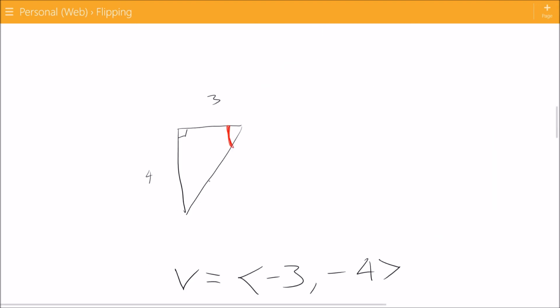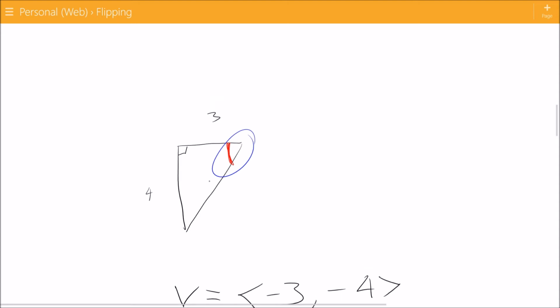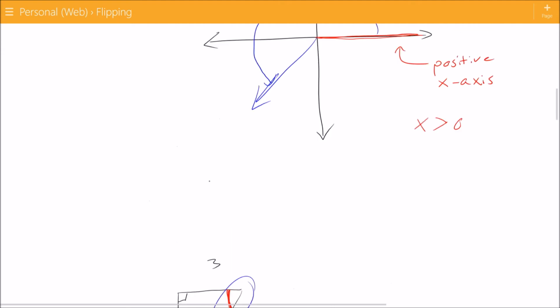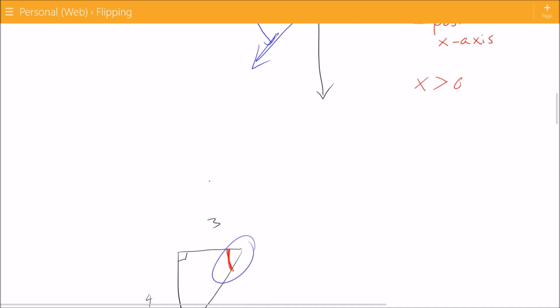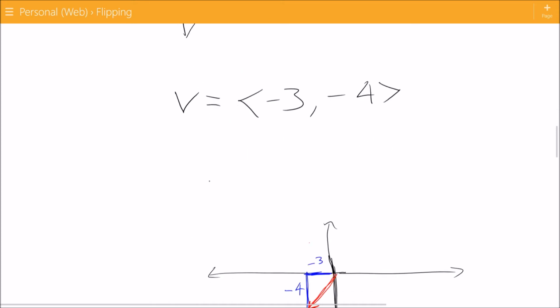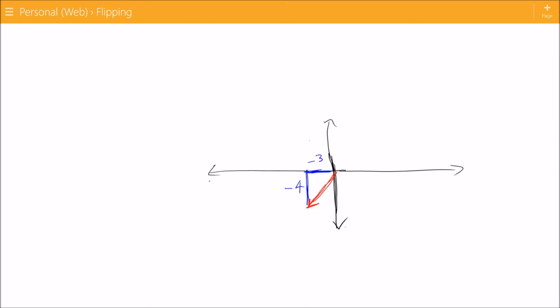How about this angle right here? Does this appear to be greater than or less than 180 degrees? This angle is clearly of a smaller measure than this one, but the two are connected together. Let's take a look at how we can solve this. So sketching is the first step that you should do. Once you have sketched this out, then you can see where you expect the angle to be.